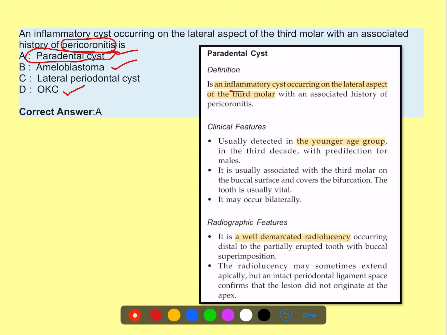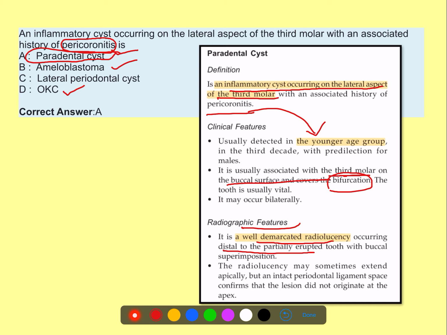You can see here, it is an inflammatory cyst that occurs on the lateral aspect of the third molar with a history of pericoronitis. Pericoronitis is mostly seen in the younger age group, with the associated third molar on the buccal surface, or it even covers the bifurcation also. If you go into the radiographic features, it has a well demarcated radiolucency distal to the partially erupted tooth.